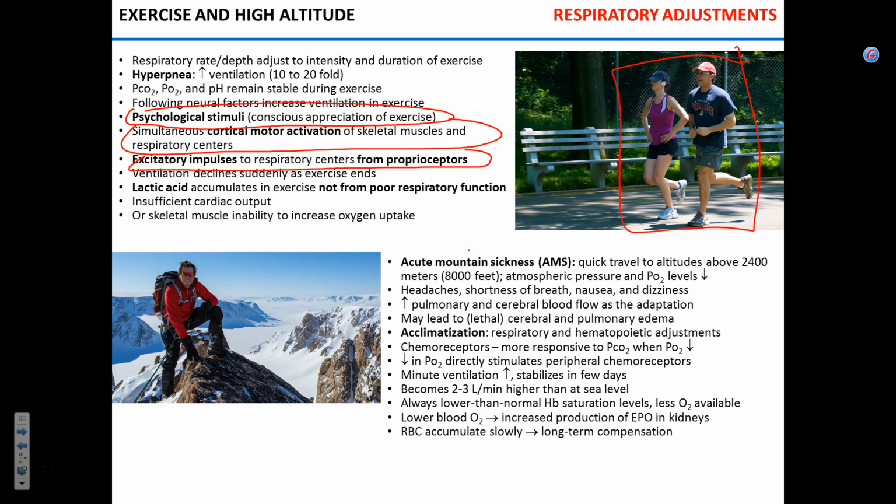Anaerobic metabolism in the tissues usually starts because of insufficient cardiac output. Either the heart doesn't work as well, or muscles squeeze the blood vessels, and there's not enough blood reaching skeletal muscles. Your respiratory system will be just fine. Okay? We're good?